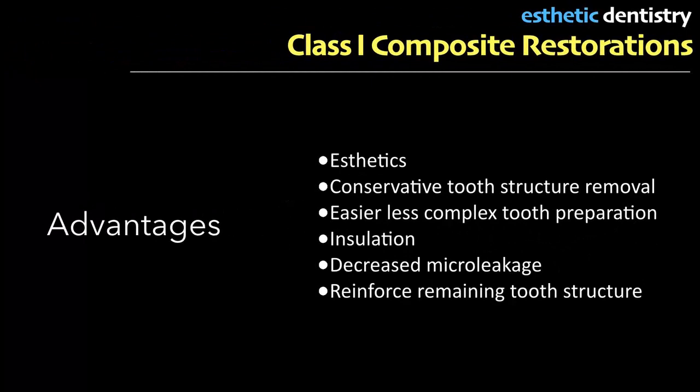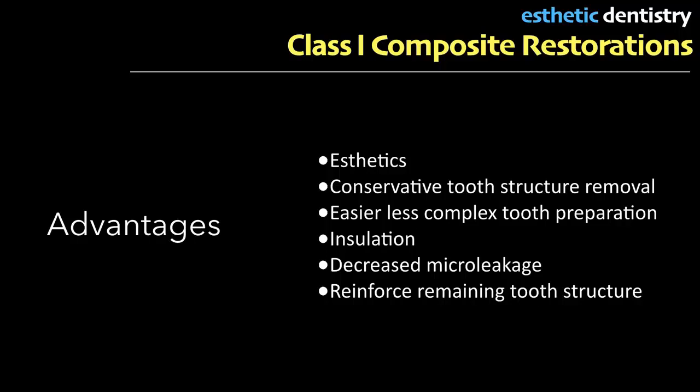When talking about the advantages of composite restoration, we know that all composite restorations are aesthetically pleasing, tooth-colored restorative material, and there is conservative tooth structure removal. We do not remove with the concept in mind of extension for prevention, which was described by G.V. Black.